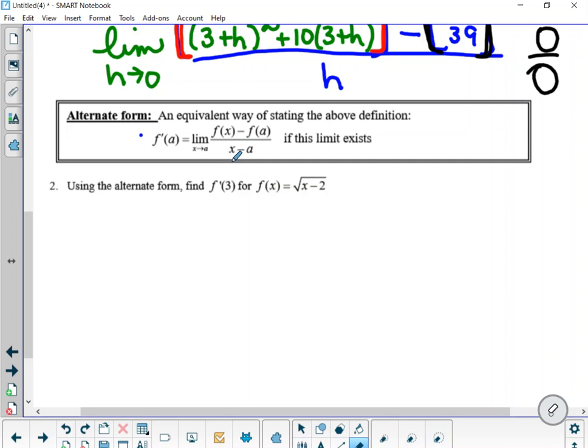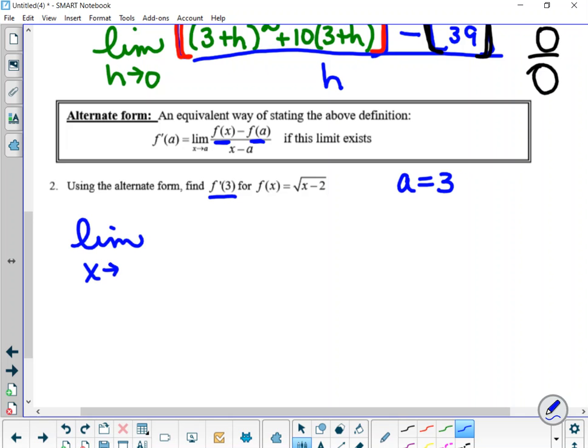A slightly different limit setup. This time we're going to do f of x minus f of a over x minus a. So if we're doing f prime at 3, that means a is 3.